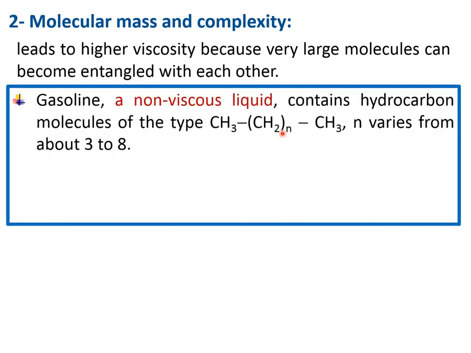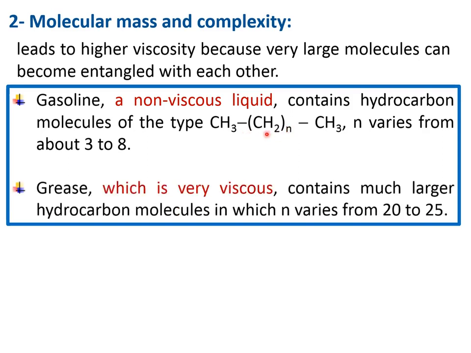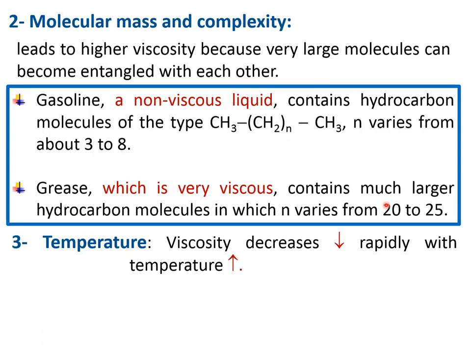That's why gasoline is non-viscous, because it has only 3 to 8 carbon atoms, but grease is very viscous because the carbon skeleton extends to 25 carbon atoms. So as the molecule becomes bigger and heavier, the viscosity increases.